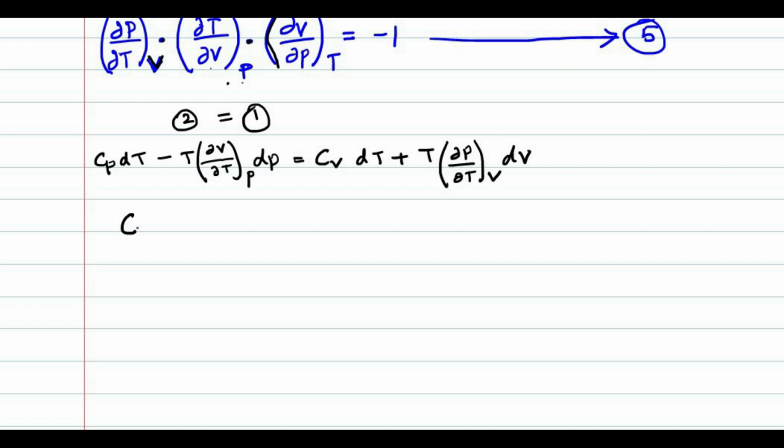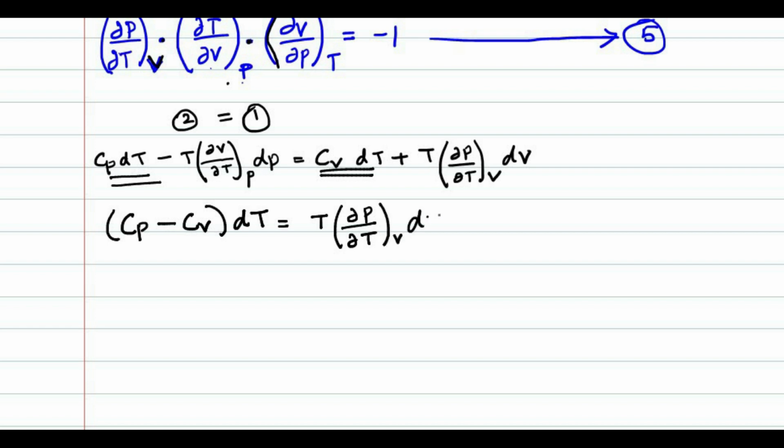Now we shall rearrange this equation. Cp minus Cv: this term and this term I am bringing to the left hand side. Cp minus Cv both have dT as common. So Cp minus Cv into dT is equal to T into dou P by dou T at constant volume into dV plus T into dou V by dou T at constant pressure into dP.